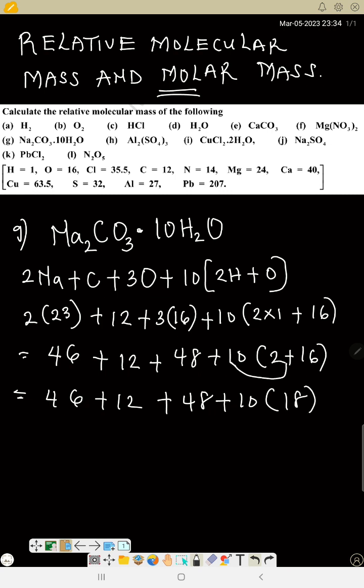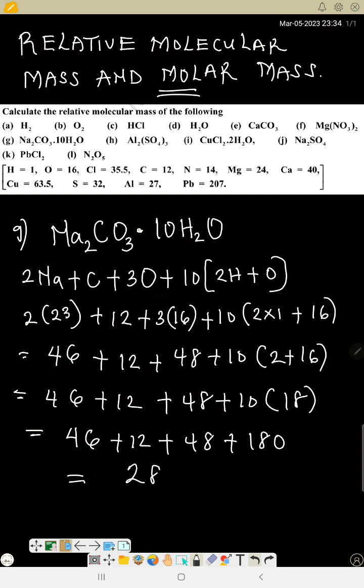So the 10 now will multiply the 18. So this is 46 plus 12 plus 48 plus 180. So everything is 286. So that is relative molecular mass. But if I say 286 gram per mole, this is now molar mass. So like that.